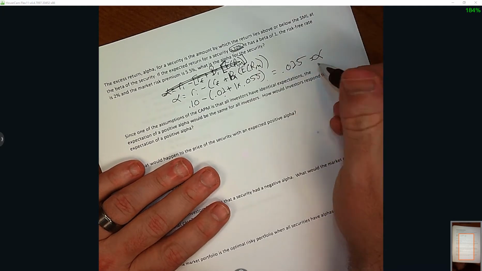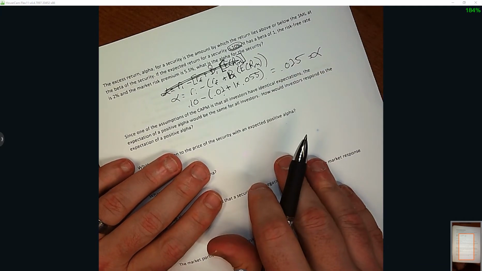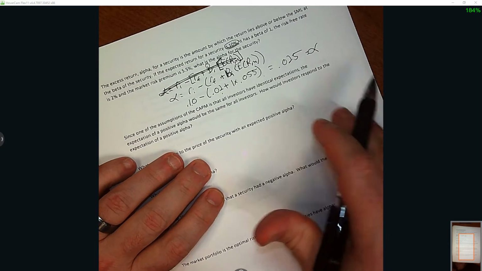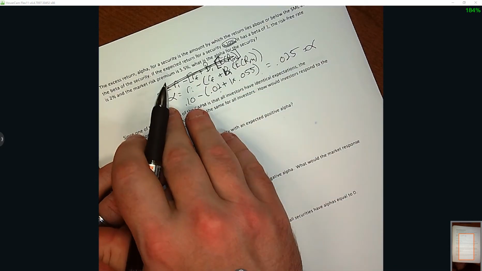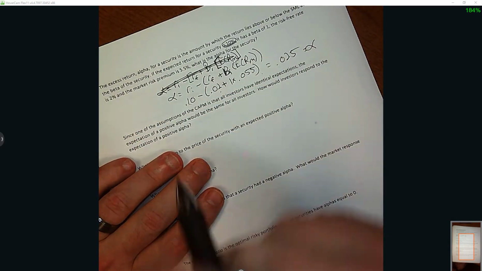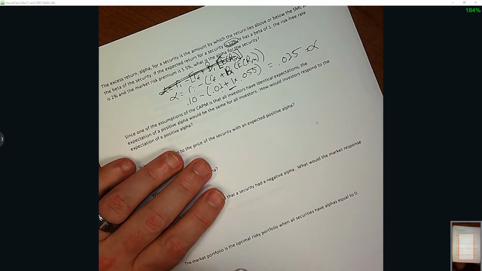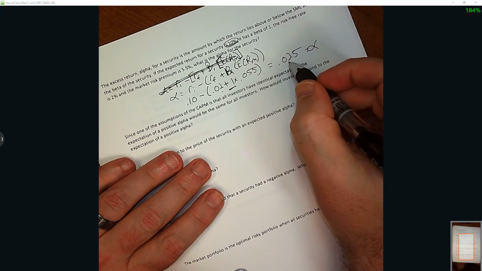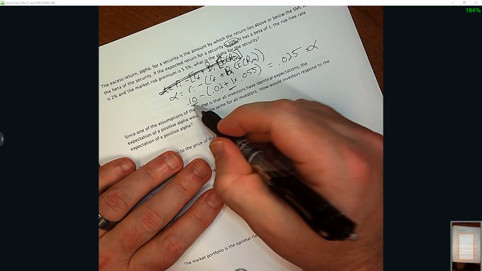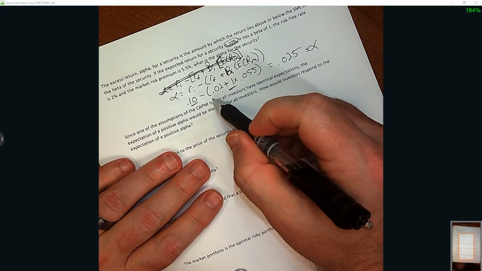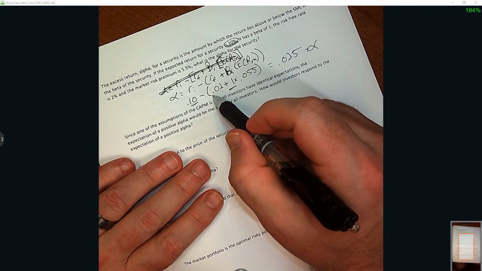So we would expect the alpha in this case, the excess return, to be 2.5%, because in order to compensate us for the level of risk, we would only need a return of 7.5%. So the excess return is going to be the return we expect to receive that is in addition to the return that's required by the model.